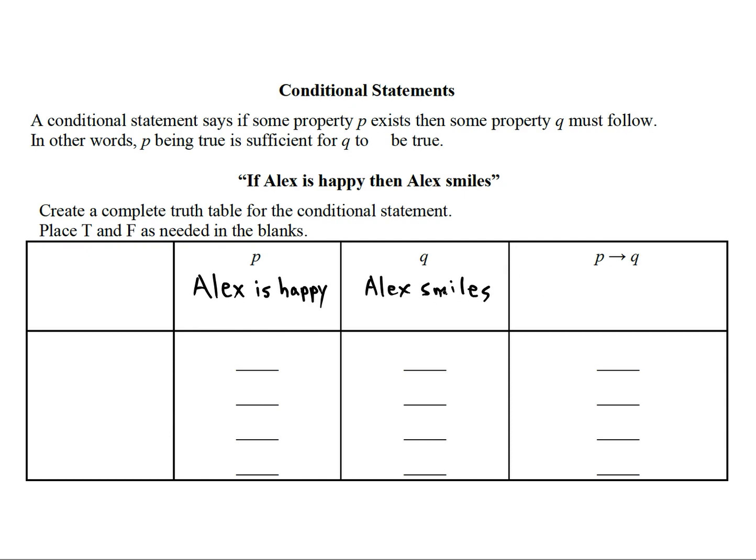And in words, P arrow Q would be written as: if Alex is happy, then Alex smiles.